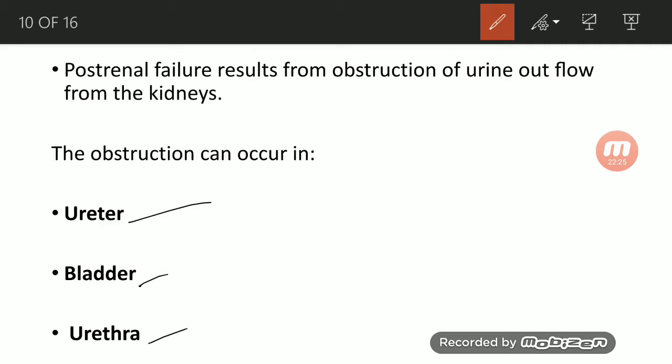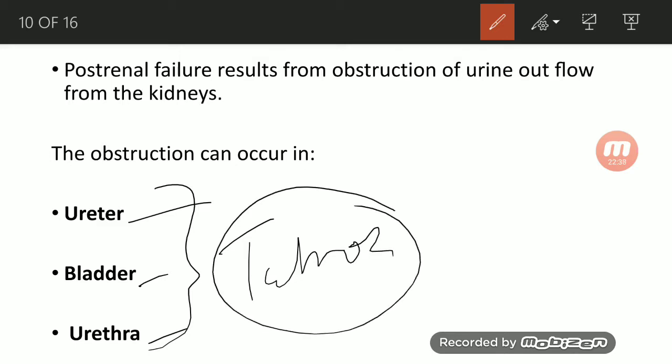Now, in all these three structures, obstruction can occur because of any tumor. Any tumor occurring in any of these three structures can lead to blockage of the flow of your urine. If there is blockage, it will lead to acute renal failure.